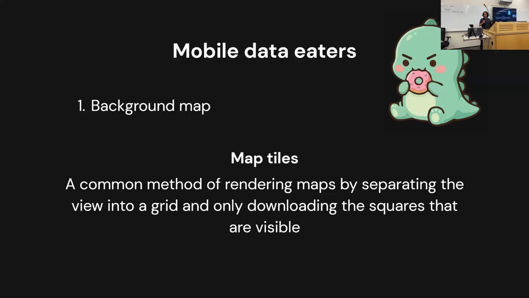This can be pretty efficient because you're only downloading the data for the images that you're actually showing. But it's important to consider that for every layer that you go in, it divides up those squares more. So at the innermost layer, there might be thousands and thousands of different images that could be downloaded. That's just a lot of data that I really wanted to avoid. A lot of the services do allow you to pre-download the entire map as a whole, but I really wanted to avoid that much data in the first place.